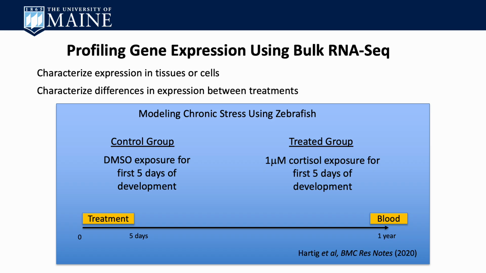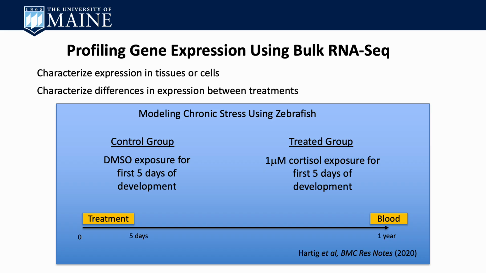On the left, we have an illustration of our control group, where the animals were exposed to DMSO during the first 5 days of development. Then on the right, the treated group were treated with 1 micromolar cortisol for the first 5 days of development.